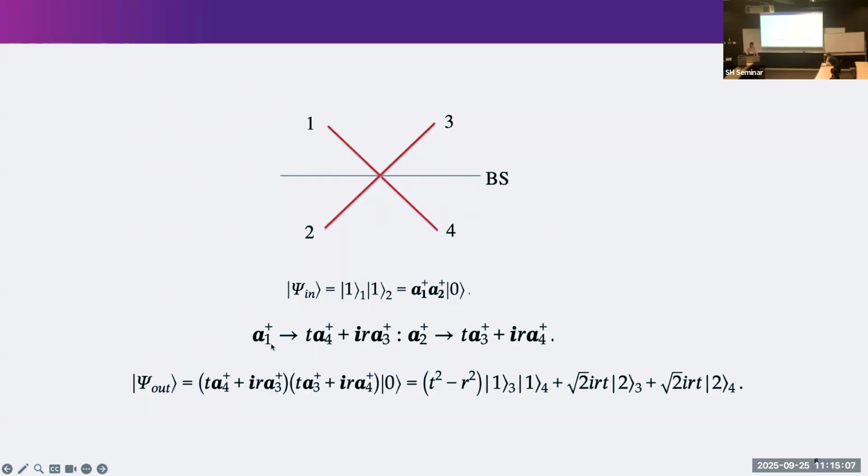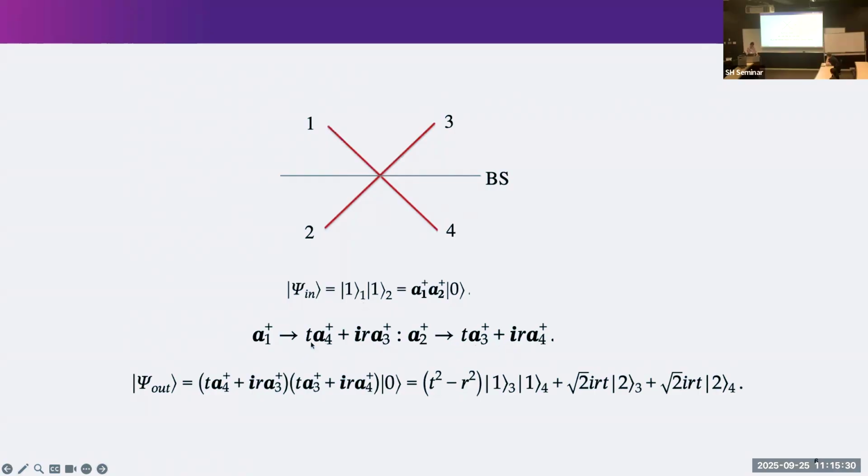And now this beam splitter acts on this input state. And what happens is some of the time the photon will go to mode 3 and sometimes to mode 4. Okay? This is an experimentalist's beam splitter, so I have eyes there.